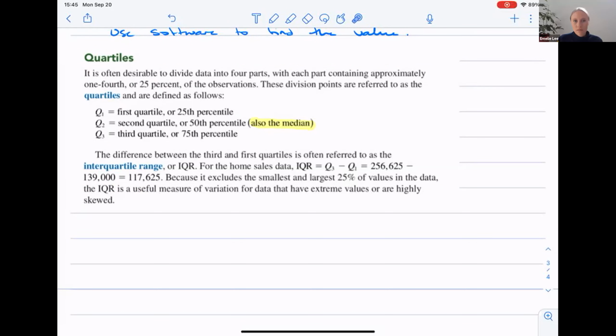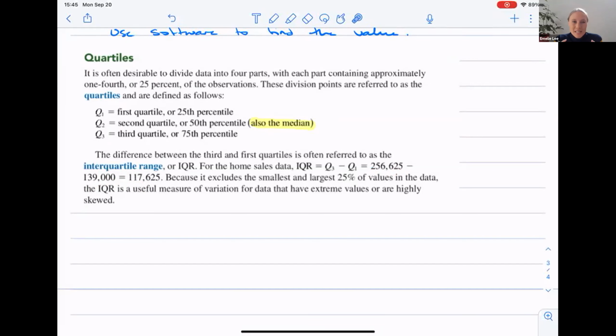Once we have our quartiles, which you saw in that summary output from R, it's easy to find the interquartile range.